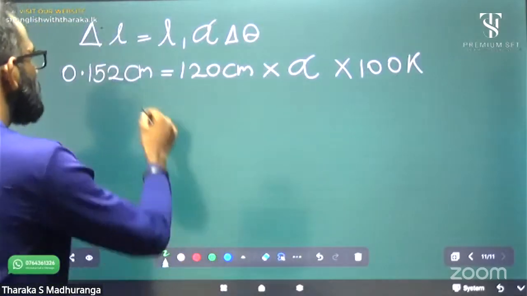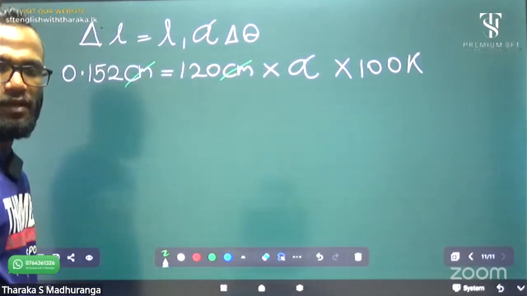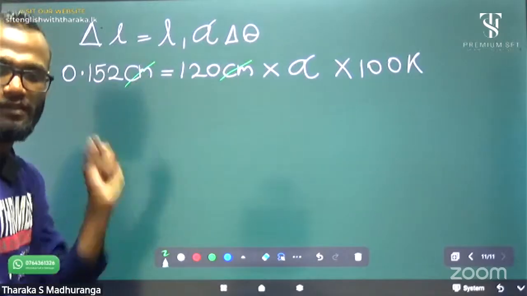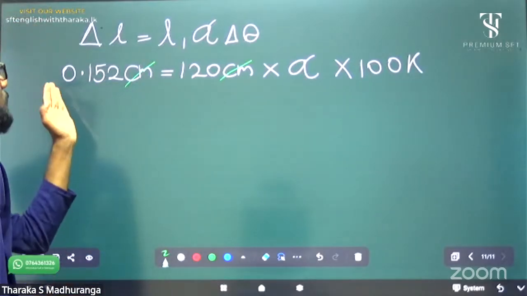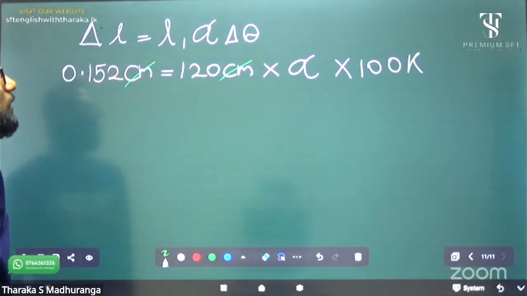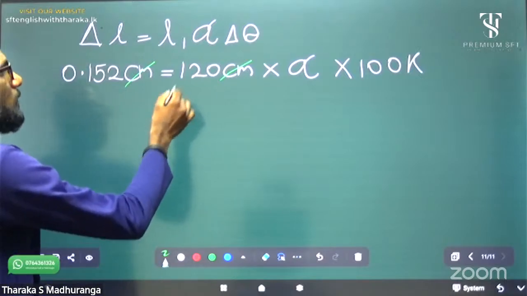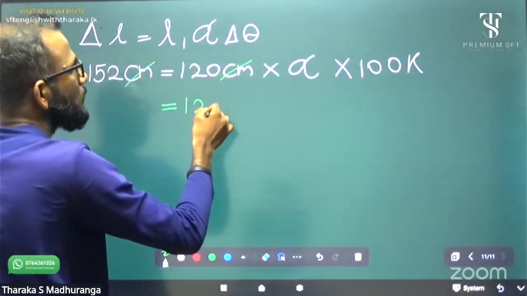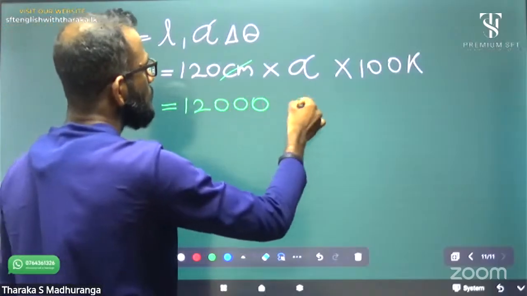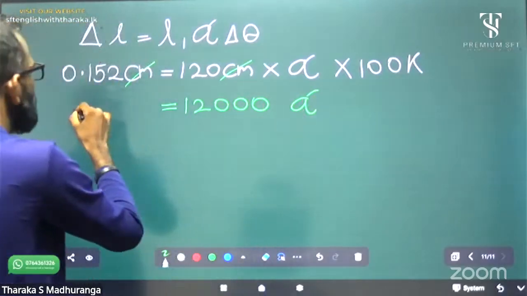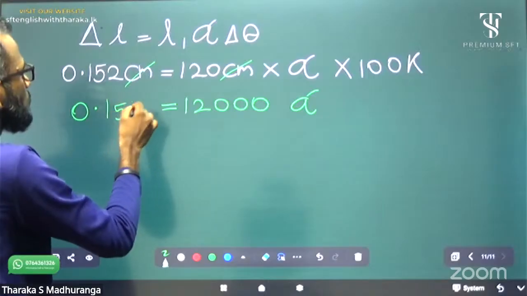Now centimeter to centimeter cancel out. That's why I got the same unit, to cancel out. 0.152 equal 120 into 100, means 12,000. 12,000 alpha equals 0.152.